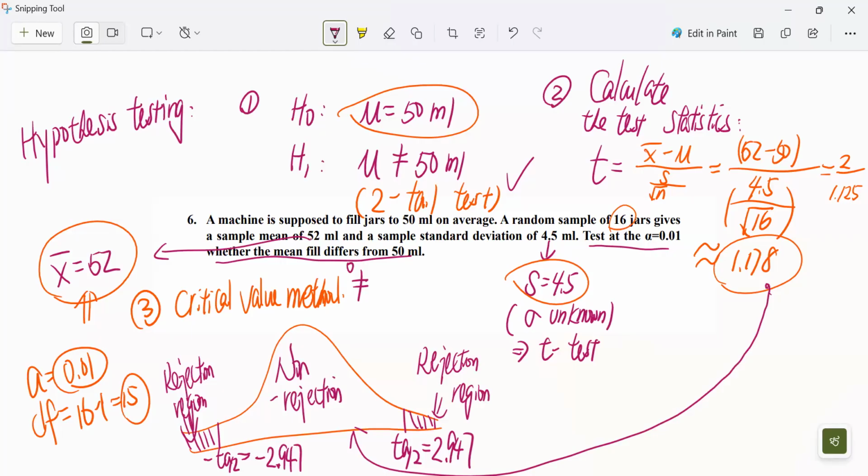The last part is reaching the conclusion. Since the test statistic falls in the non-rejection region, we fail to reject H0.